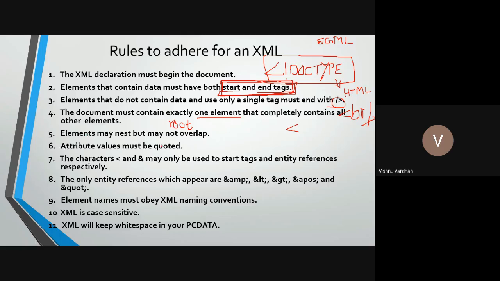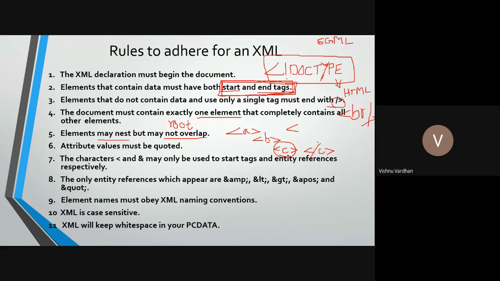Then, elements may nest but may not overlap. What does that exactly mean? They may nest but they cannot overlap. Suppose there is a tag called A. Inside the tag A, I open another tag with the name B. Then inside that I open one more tag, that is C. Unless you close this tag, suppose I have to close it somewhere, it has to be closed in this way.